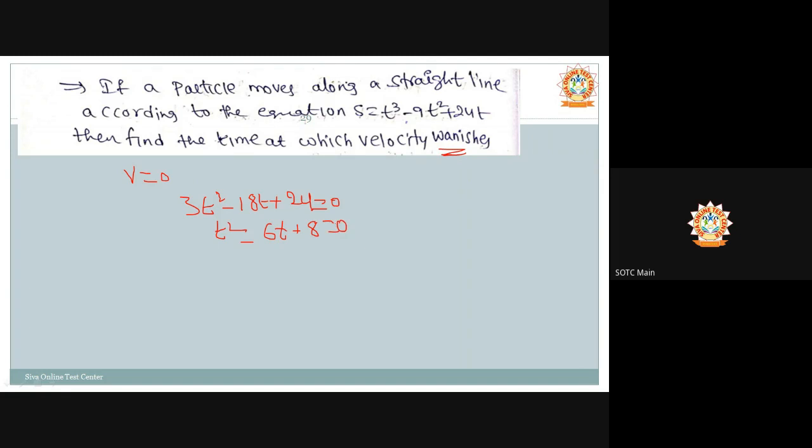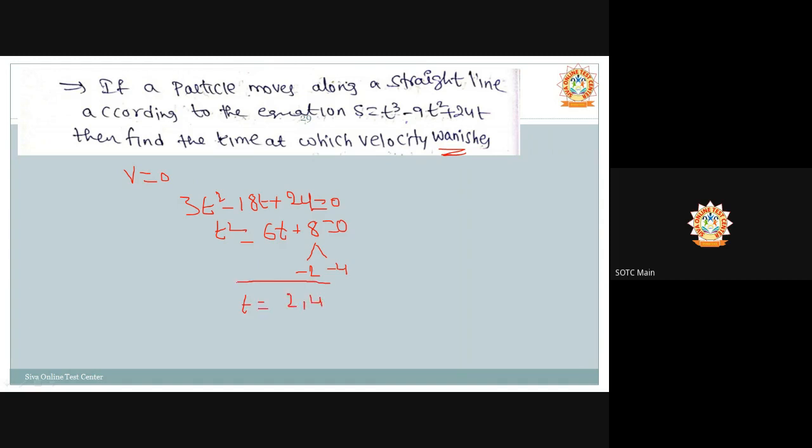So if you find the roots for this, what will become? 2 and 4. The product is 8, and the sum needs to be minus 6, so minus 2 comma minus 4, right? So then what will t become? t is equal to 2 comma 4, simply.